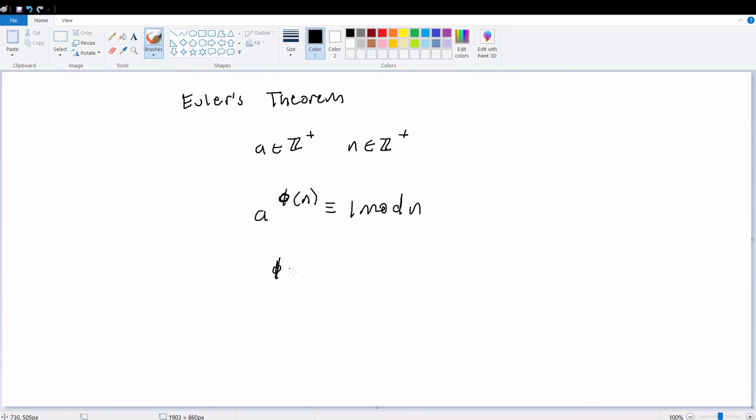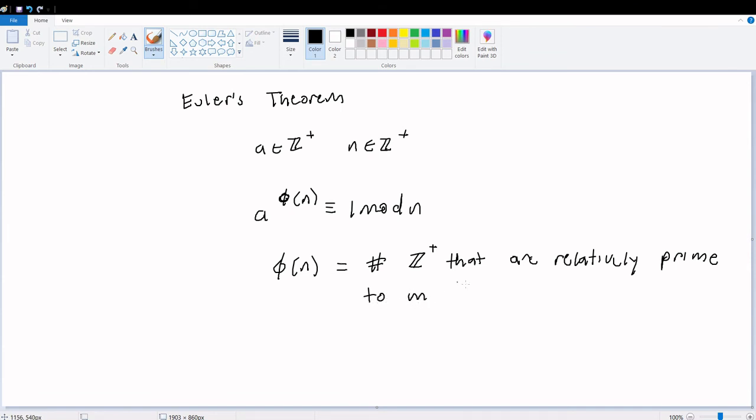Phi of n is defined as the number of integers that are relatively prime to n, not m, n, that are less than or equal to n.